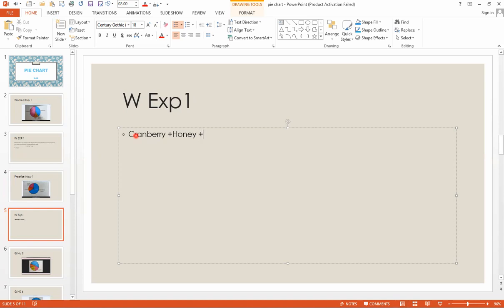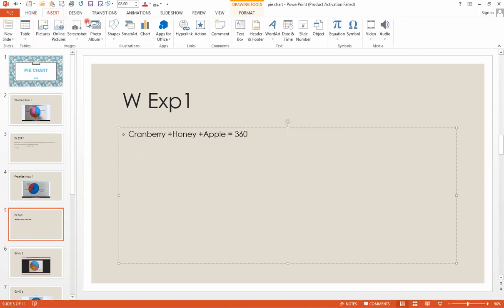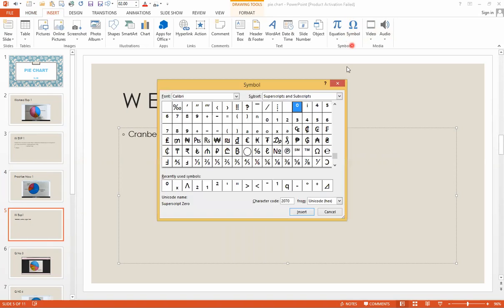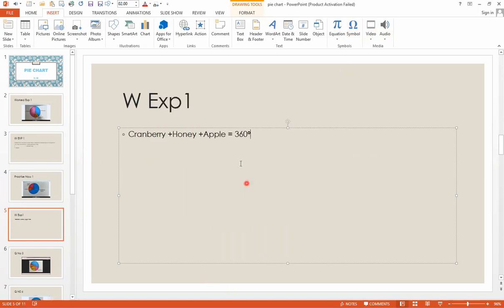This depends on you how you write the sequence. But you must remember that when you write all the ingredients, all must equal 360 degree. We have to put the sign of degree from here. Okay, and I copy paste.